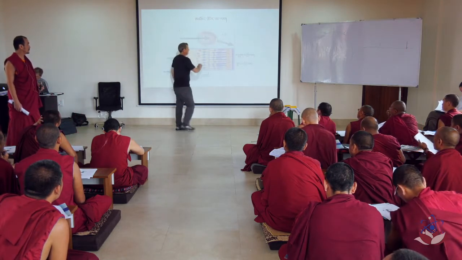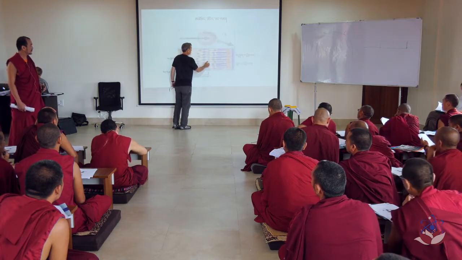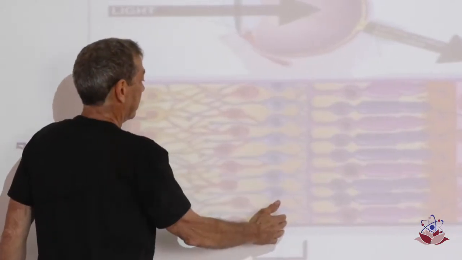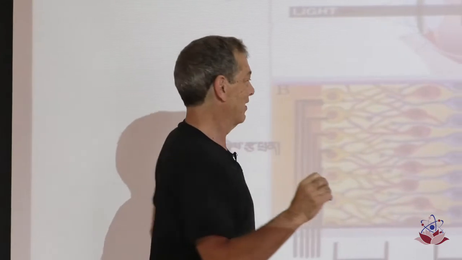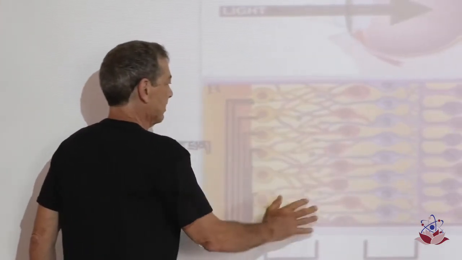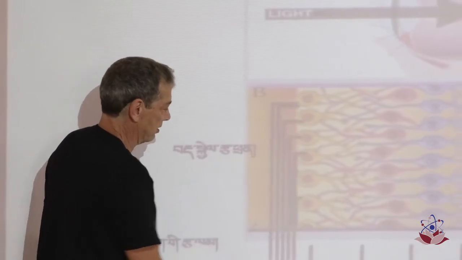Okay? Rods and cones fire action potential. Neurotransmitter glutamate is released. Bipolar cells fire. Neurotransmitter glutamate is released. The ganglion cells fire, and their axons form a track in the brain.